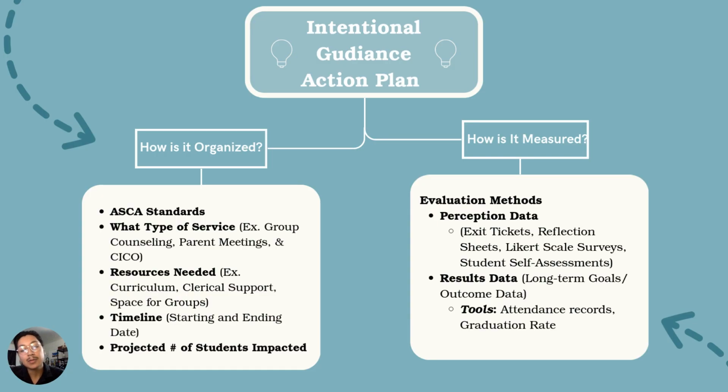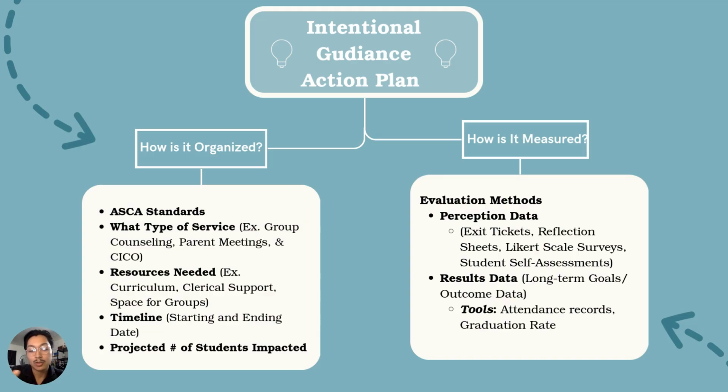It's measured in the same way, the evaluation methods, the perception data, the results data. But the perception data looks a little different because it's going to be more targeted, like group counseling, since it is Tier 2 services. Like our pre and post assessments in the Tier 1 service, we use the pre and post.